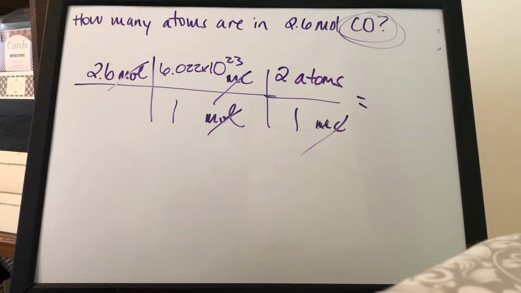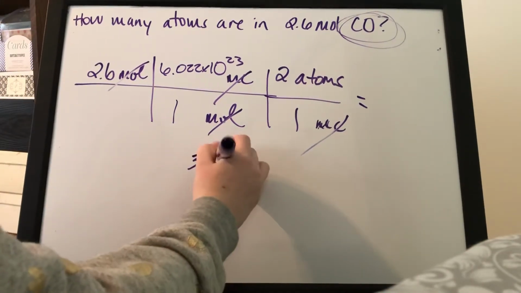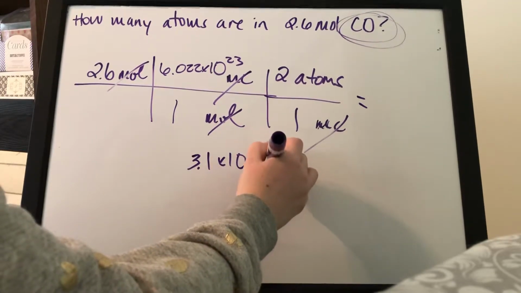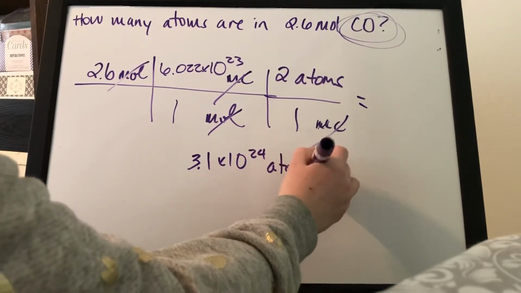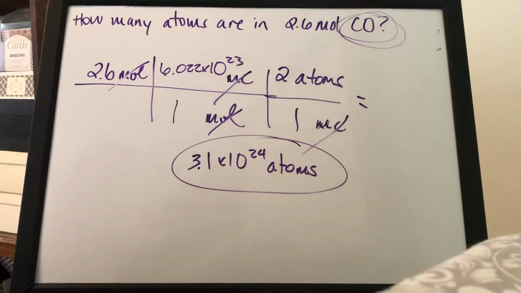I do my math, which in this case is all multiplication. And I round still, of course, to the beginning number of sig figs, so 2, and I get 3.1 times 10 to the 24th total atoms in this case. So that's all carbon and all oxygen.